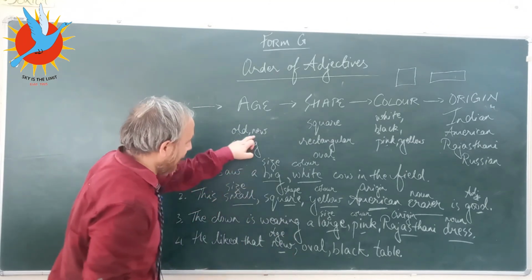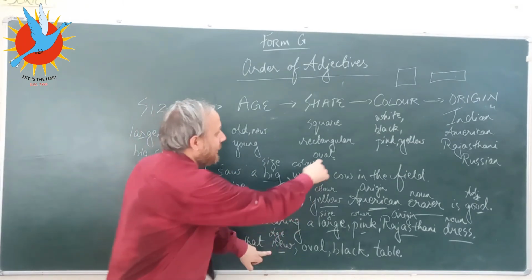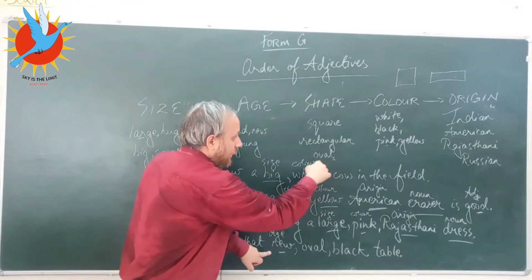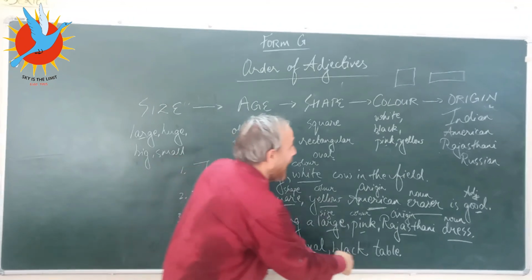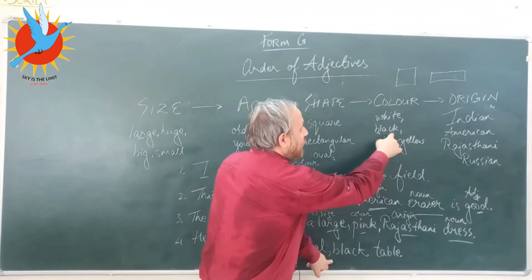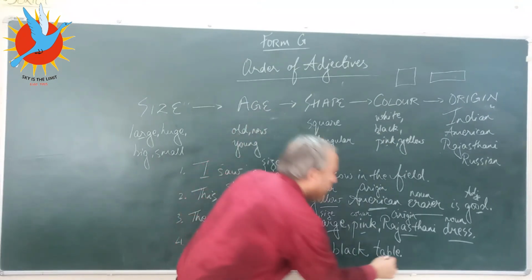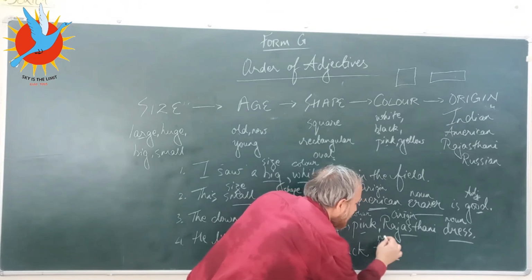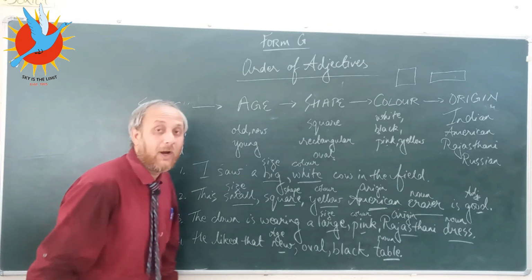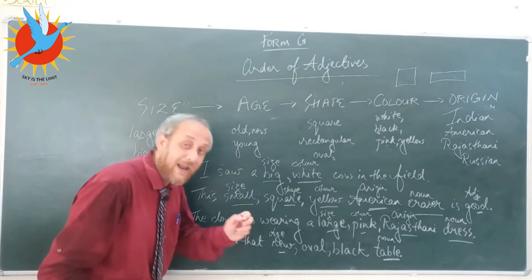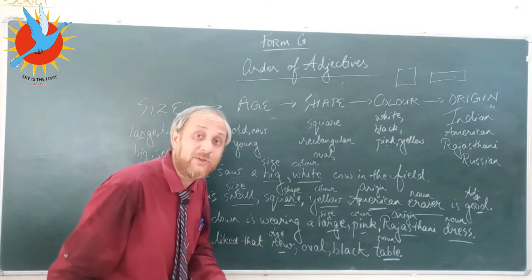Okay, adjective of age followed by an adjective of shape, oval, shape of an egg. Okay. And black is what? Black is an adjective of color. And what is table, kids? Table is a noun. Okay, and look at the placement of how Ashwin sir has used the commas.